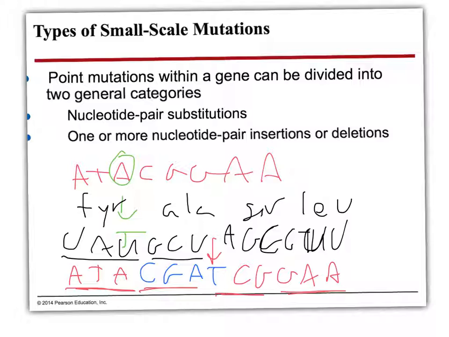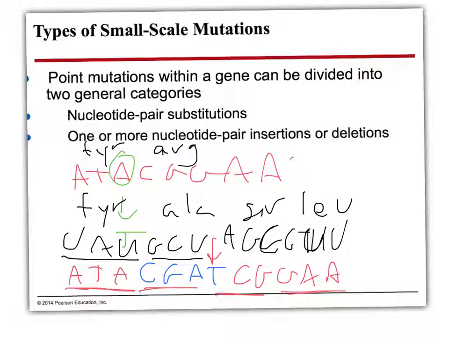Now, how is that different from what would be UAA, which would be tyrosine, right, for this one. And now CGG, that's arginine, and then AA, we'll just call it UUG.